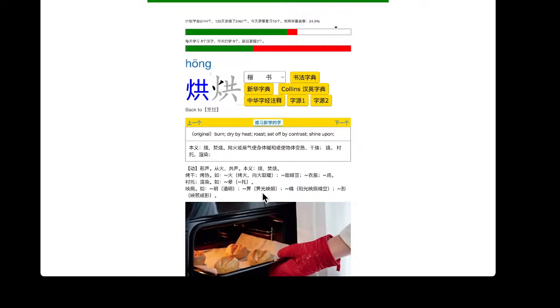That makes the thing very obvious. It has high contrast. So anything like that, we use this character Hong. It's not necessarily bake or roast with fire; it could be just the light or just by color. All right, so this is Hong.